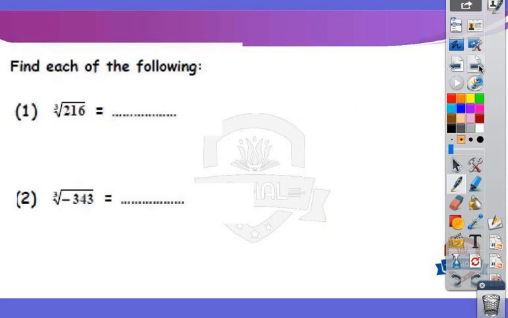So how do we find the cube root of 216? Here we have 216.